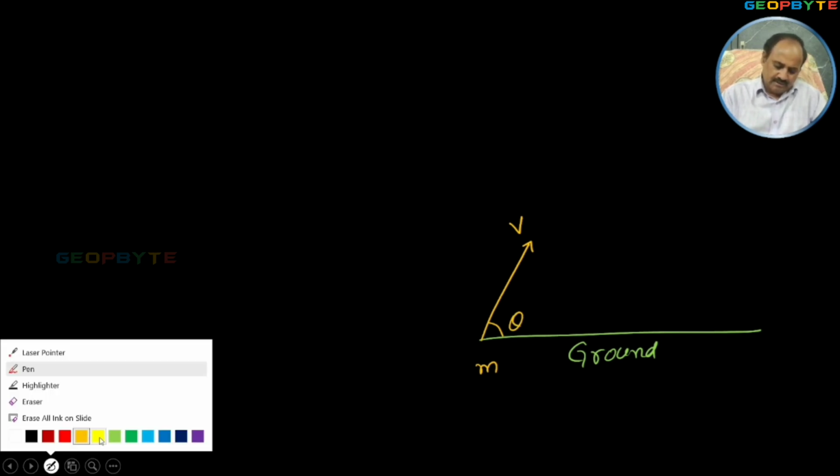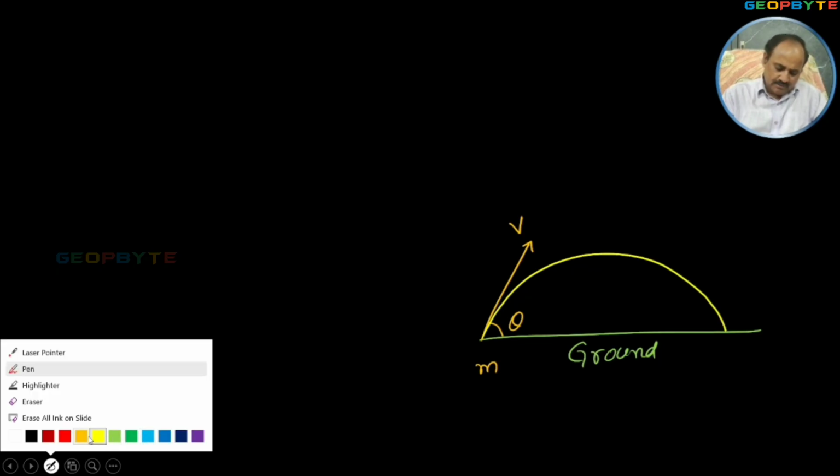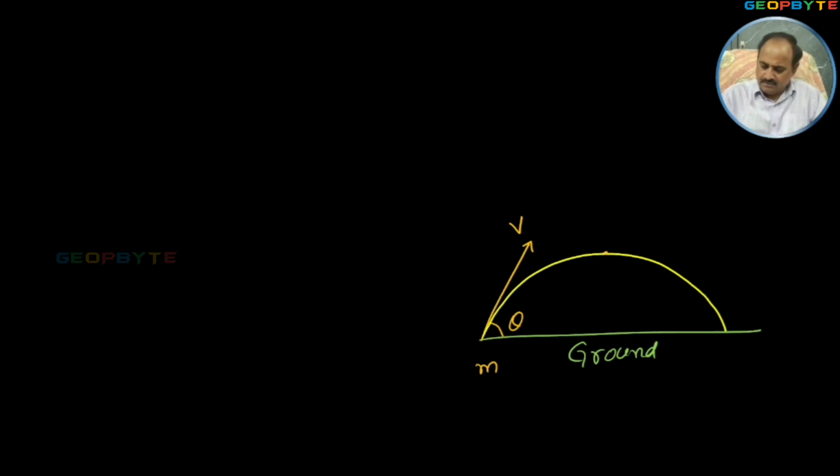Then it is maintaining the projectile motion. The path followed by the particle is called trajectory. Look at the highest point. This is the highest point. At that highest point, that particle is exploding into two equal masses.